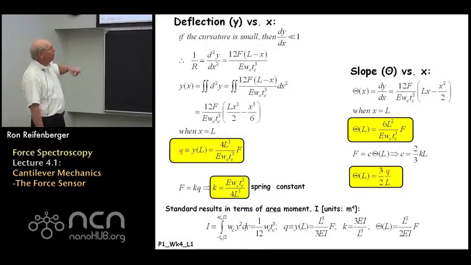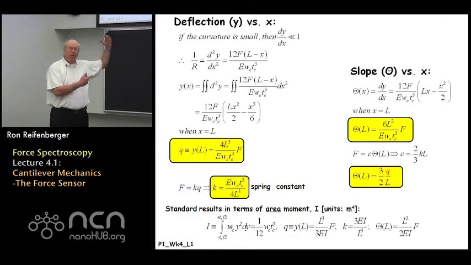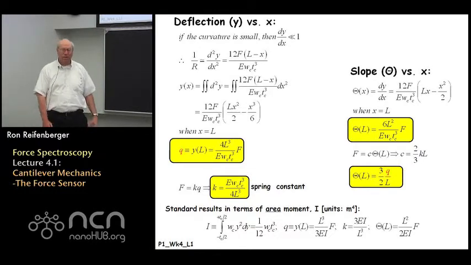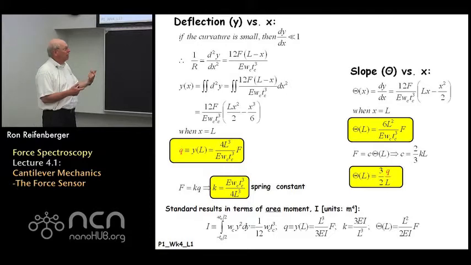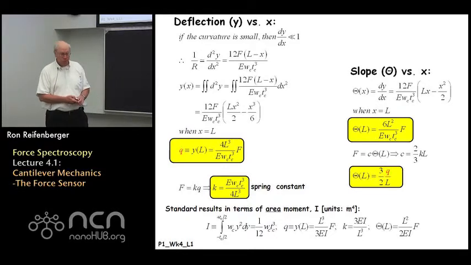There's a proportionality constant, and that proportionality constant is basically 2/3 times the spring constant K times the length of the cantilever L. So again, this is just straightforward algebra. I think it's the sort of thing you have to sit down and work out in a quiet room on your own. But I think all the steps are here so you can appreciate what's involved.